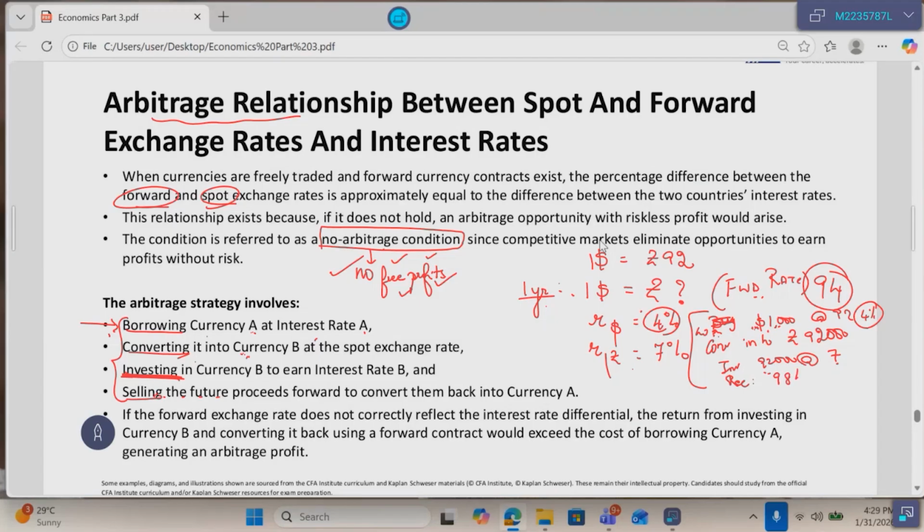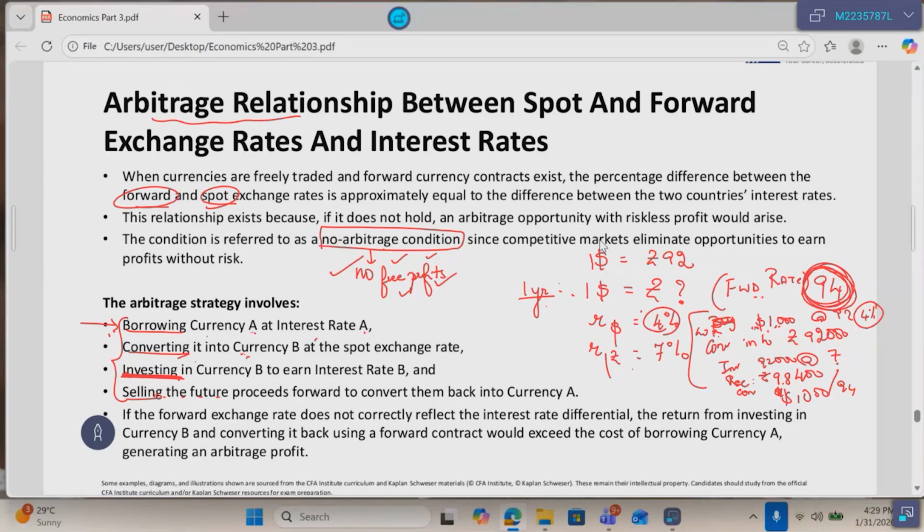So you receive 98,440 rupees. Okay. This you will now convert to dollars. At which rate? You have already sold at 94, right? You only deal at 94, so you will say, boss, I want the rate of 94, correct? When you convert at 94, you will get approximately 1,050 dollars, right?